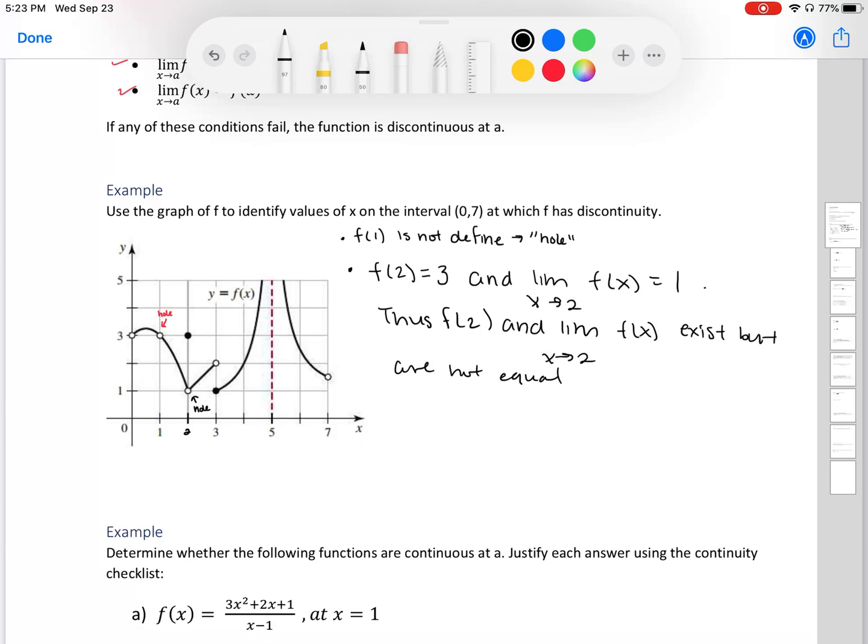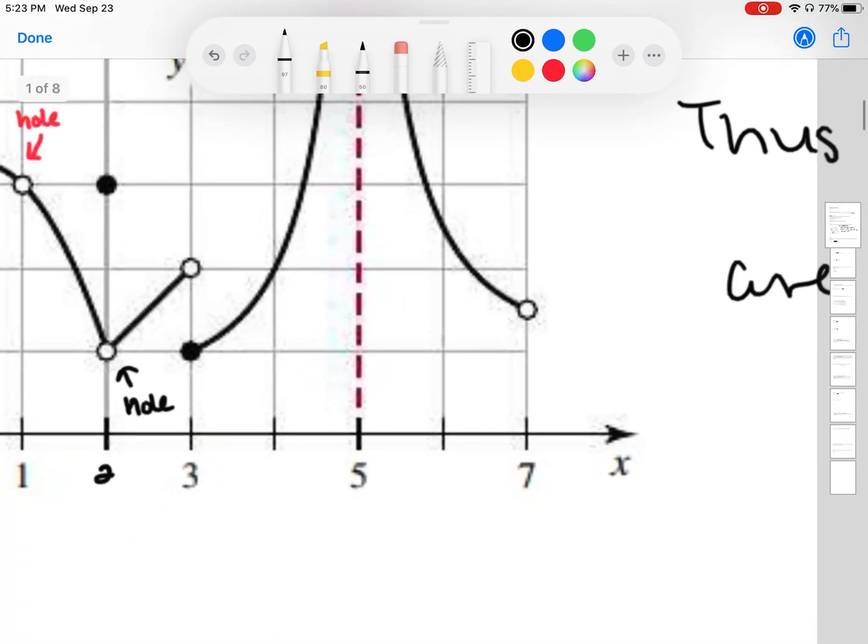All right, next we have 3. If we look at 3, there is a break. We see that the limit from the left side does not equal the limit from the right side.